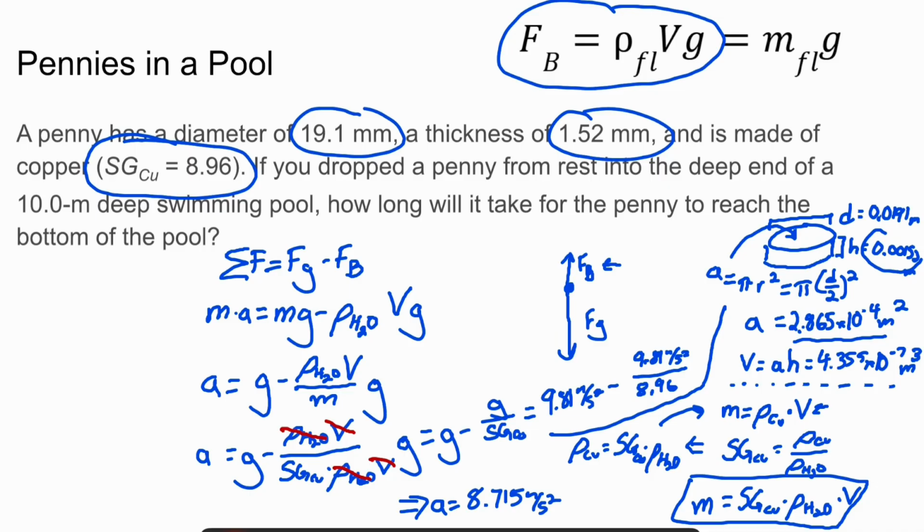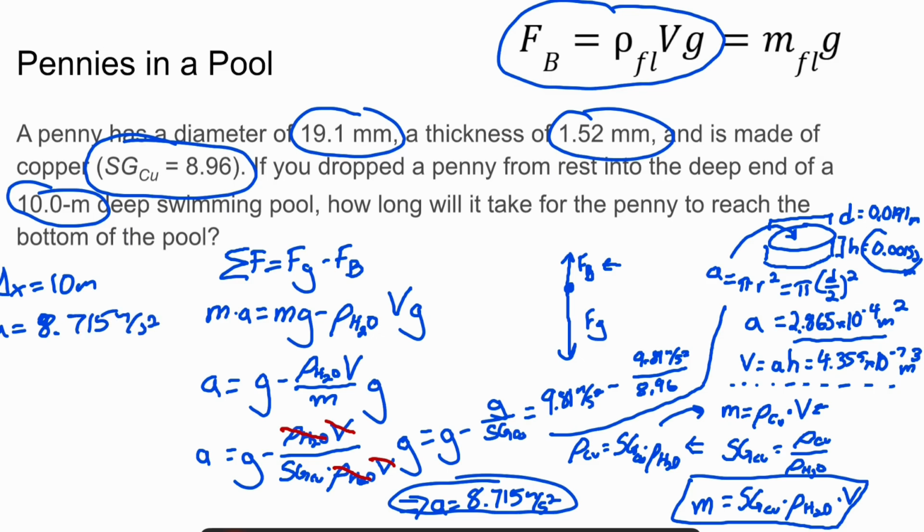And now that we have our acceleration here, we can run the numbers. We can find, given that acceleration, and given that we know how much distance that penny has to go, right, which is a delta x of 10 meters, and we've got an acceleration of 8.715 meters per second squared.